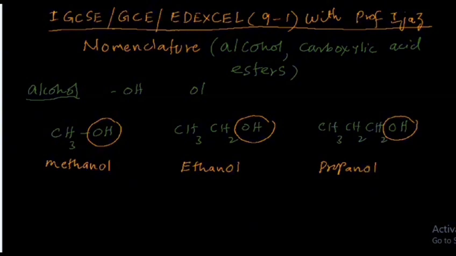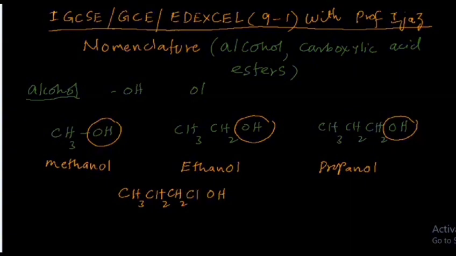Just think that if you want to draw the structure of butanol, then you have to add just one CH2. Repeat this formula and just add one CH2 in between CH3 and OH. So if I add just one CH2 group, like CH3, CH2, CH2, OH was the structural formula of propanol.